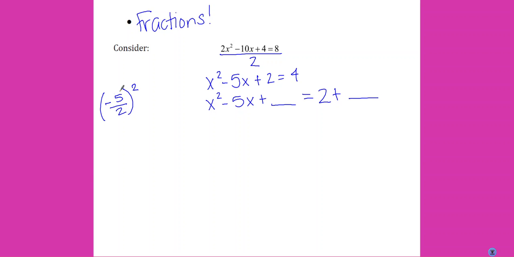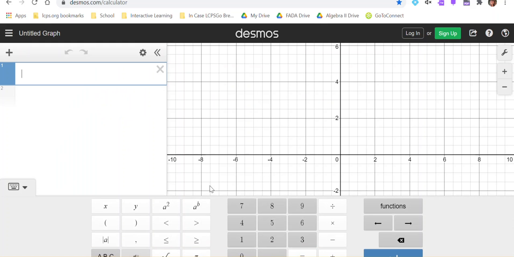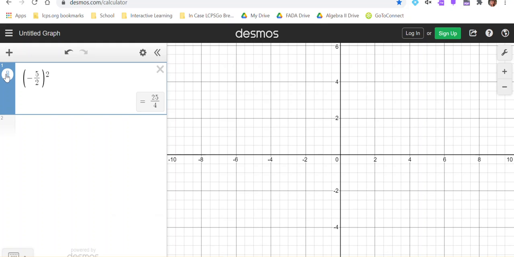If you're not the greatest with fractions, don't worry. Parentheses, negative 5 over 2, squared. It tells us in decimal form. We don't want decimal form. Click the fraction button on the side.